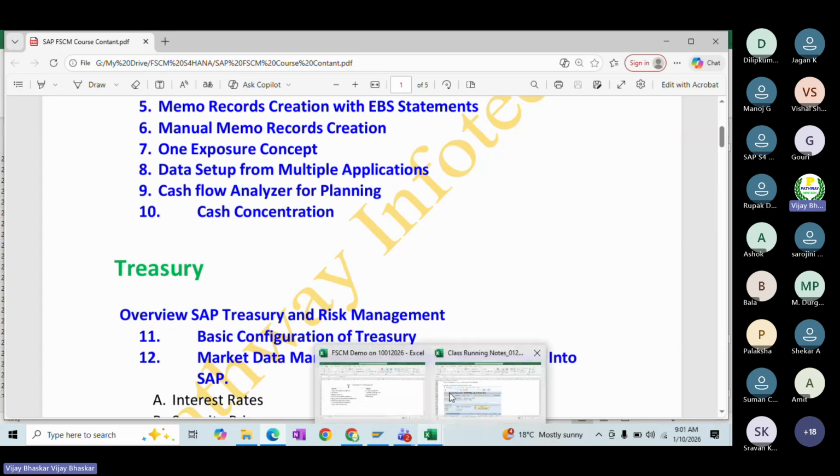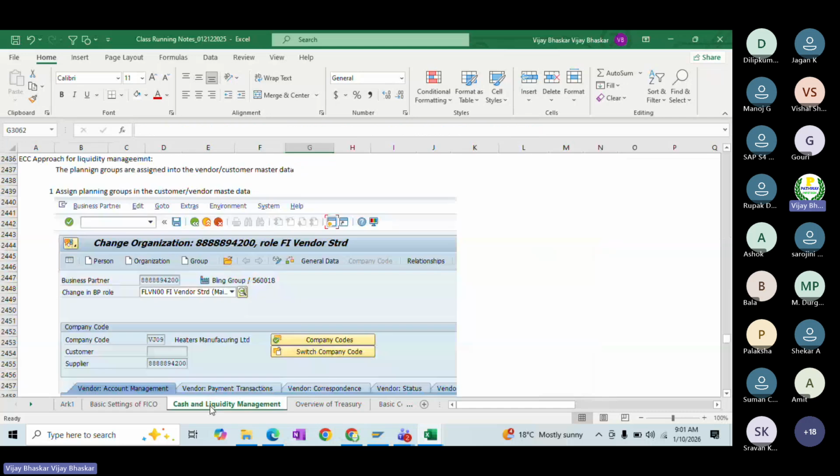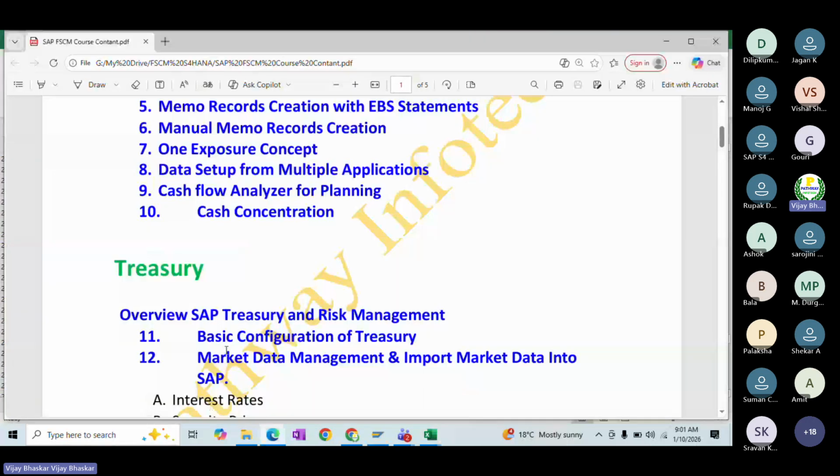There is a reason behind why I'm going to train this topic first. Towards the end of the session, I will definitely clarify, before starting the treasury, because there is a reason behind that.